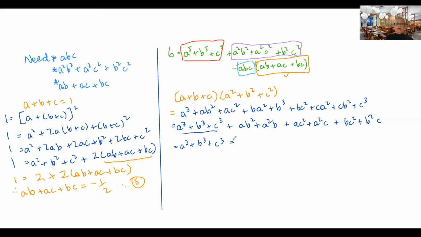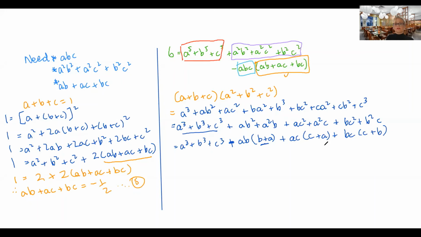What I did was I took out an AB out of these, and we're going to get B plus A. I took an AC, well, we did something very similar to this anyway over the page.